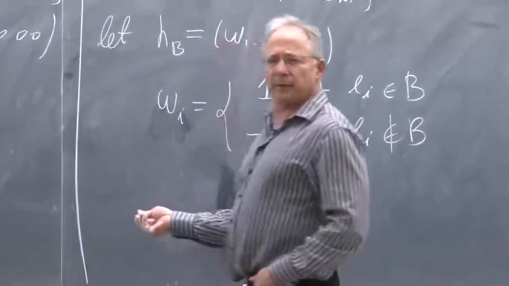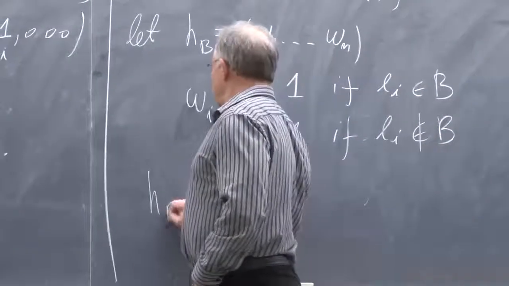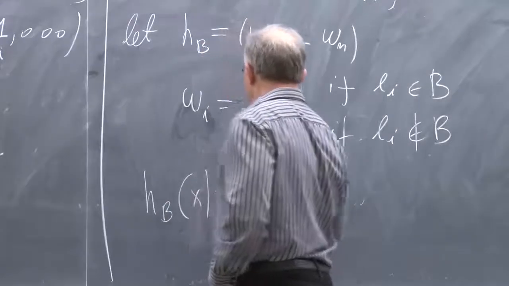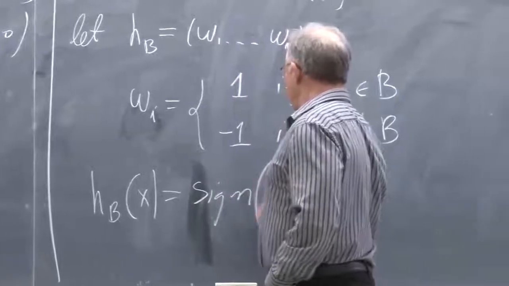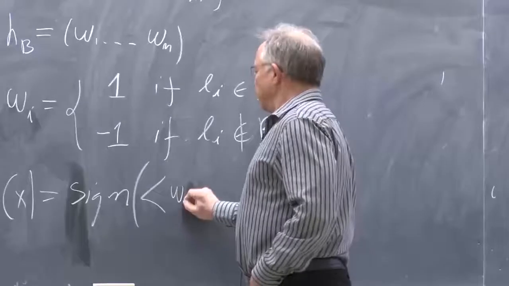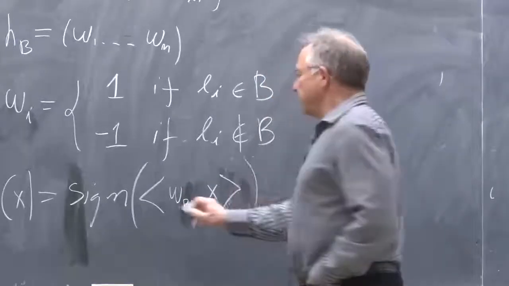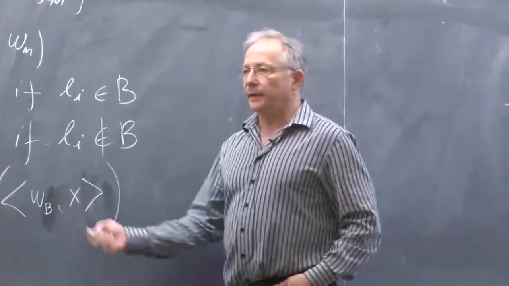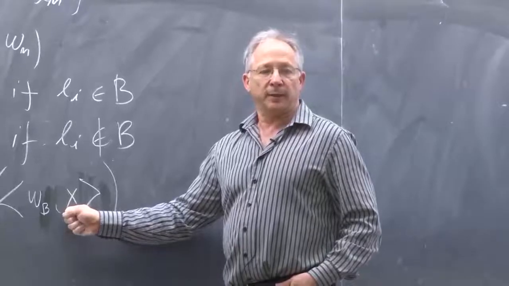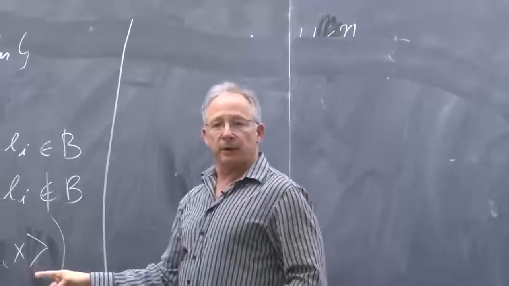Are you familiar with the notation of a dot product? So we know that HB of any point x is the sign of the dot product of the vector WB with the vector x. The dot product of the two vectors is the sum of their pointwise coordinate multiplication. Is that clear to everybody, this notation?